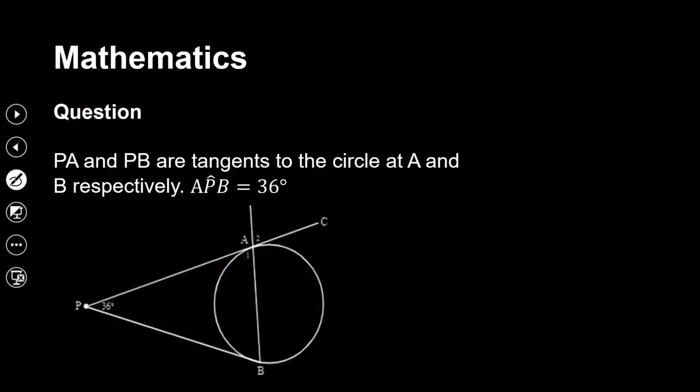Now, PA and PB are tangents to the circle at A and B respectively, right? Since they are tangents, I will immediately claim that those two are equal to each other. What do I know? APB is equal to 36 degrees.